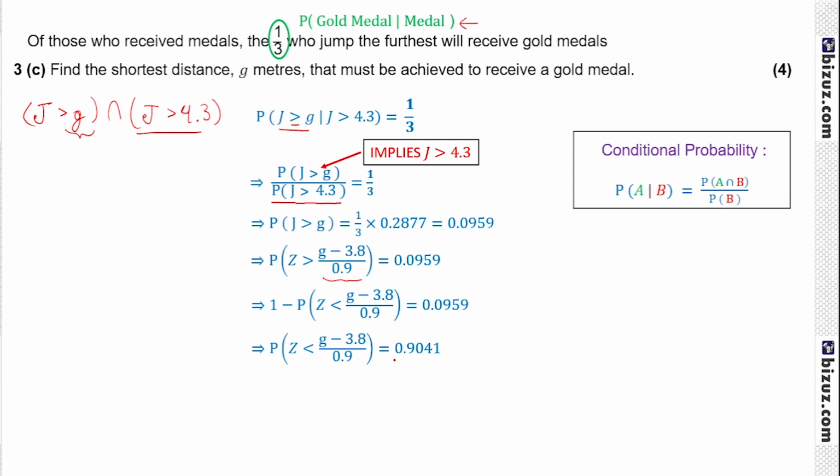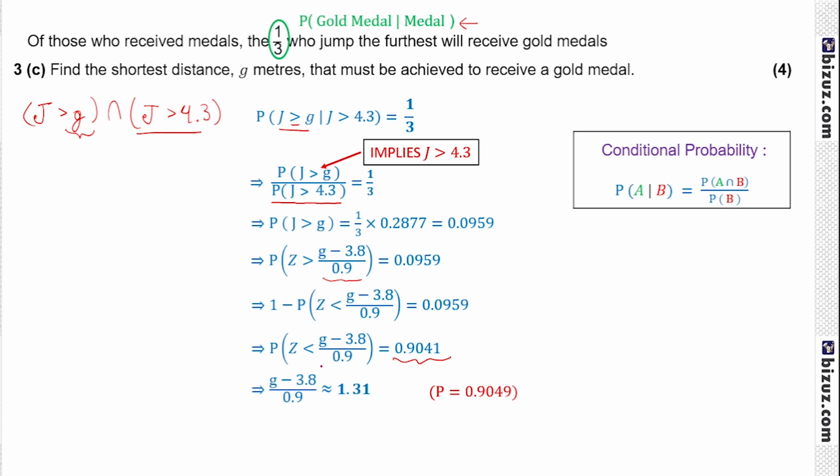Now this exact value is actually not in the large table, so we need to choose the closest one. So the probability value, the closest one is 0.9049. That's the closest to 0.9041, and the z value for that is 1.31.